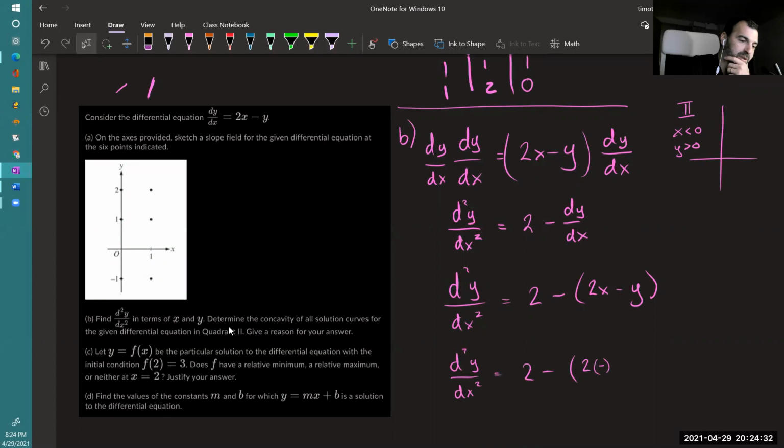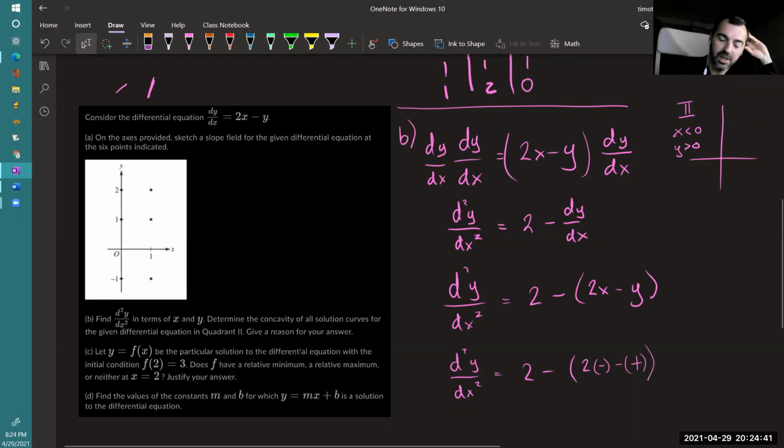So it's going to be some kind of negative number, minus some kind of positive number. So this is a negative 2, which ends up being a positive. So it's actually just going to equal 2 plus some positive number, and then plus another positive number, because this negative distributes into here.